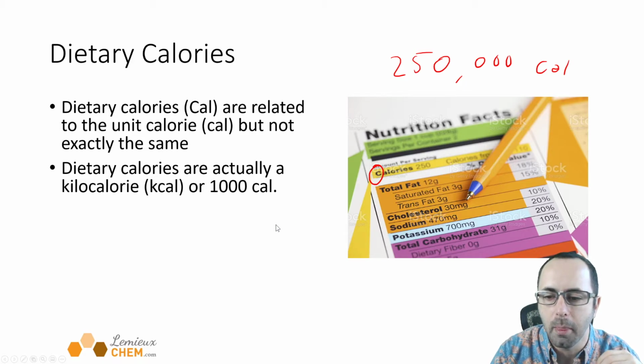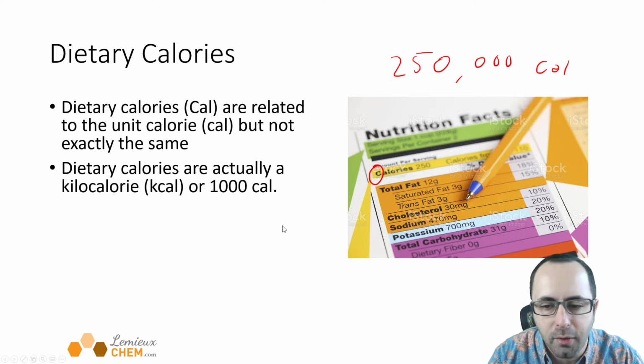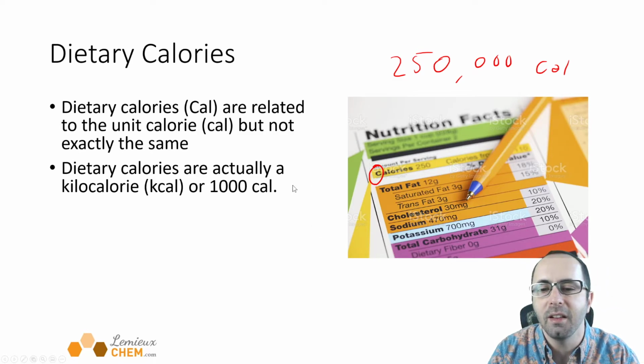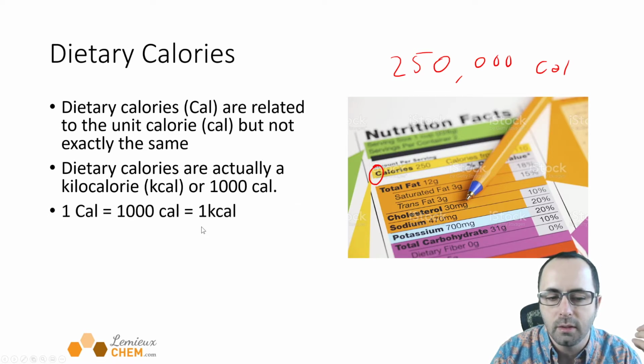I think it's because no one wants to look at their cereal and see this bowl has 250,000 calories, right? It's an ugly number, it's big, and it's not convenient. So dietary calories are actually kilocalories, 1,000 science calories. So one dietary calorie, big C, is 1,000 calories, little c. It's 1 kilocalorie.